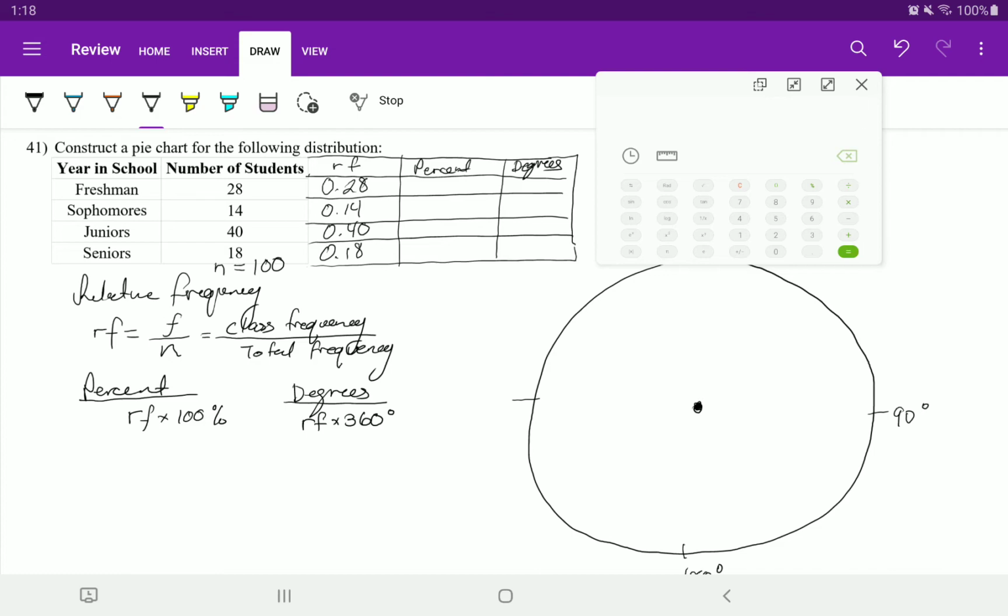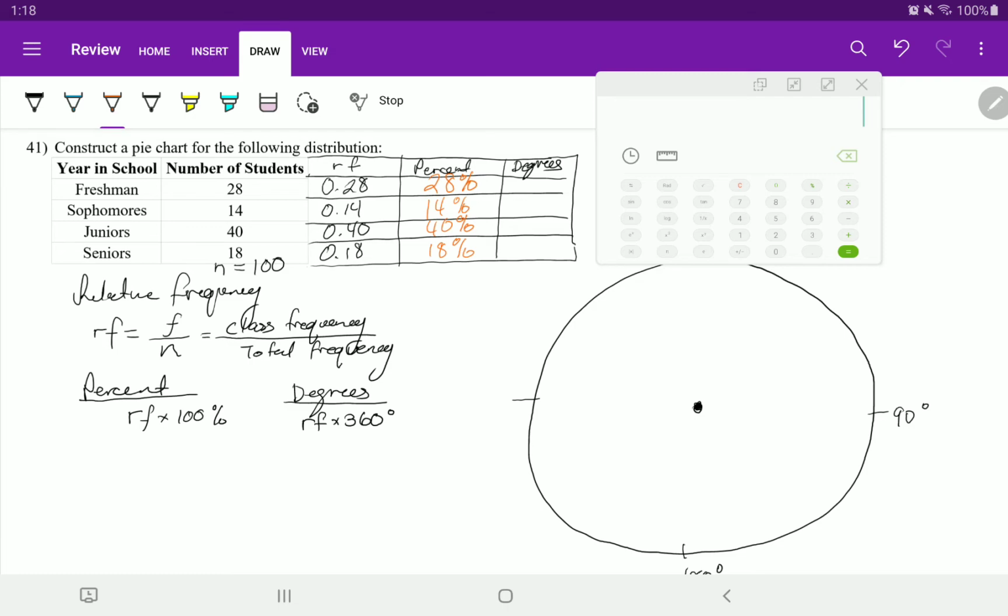So 0.28 becomes 28%. Same thing with the 0.14: move the decimal 2 units to the right, that is 14%. 40%. 18%. And the percents must add up to 100, which they will.